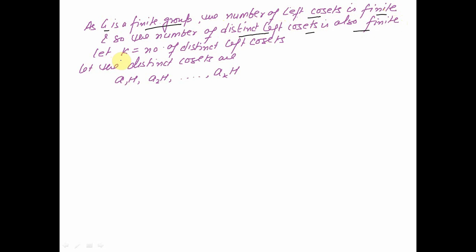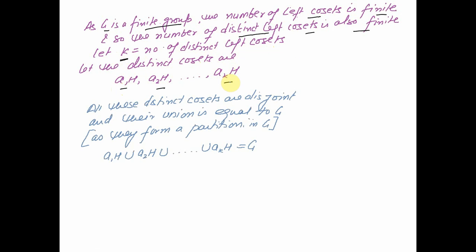Let us say I have K distinct left cosets, and let us say the elements that are used to generate these distinct left cosets are A1, A2, A3 up to AK. So the distinct cosets are A1H, A2H up to AKH.